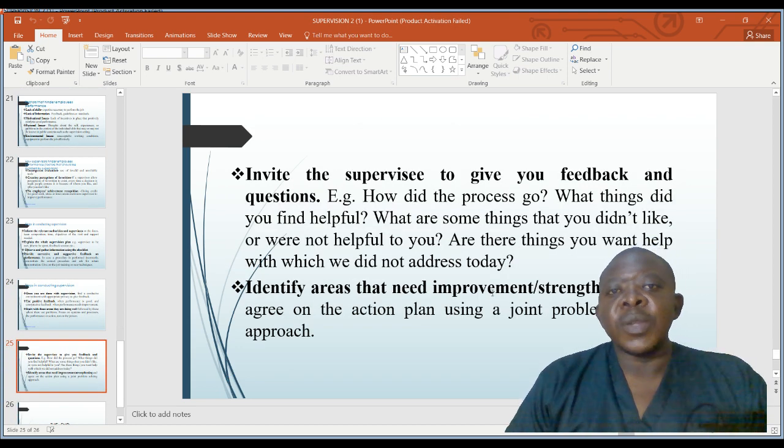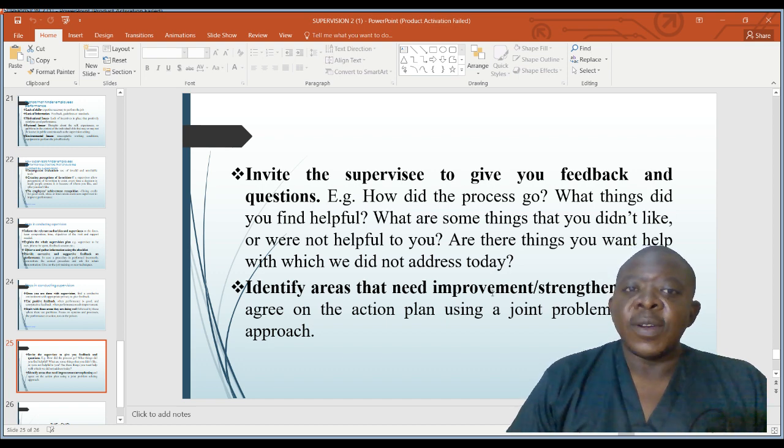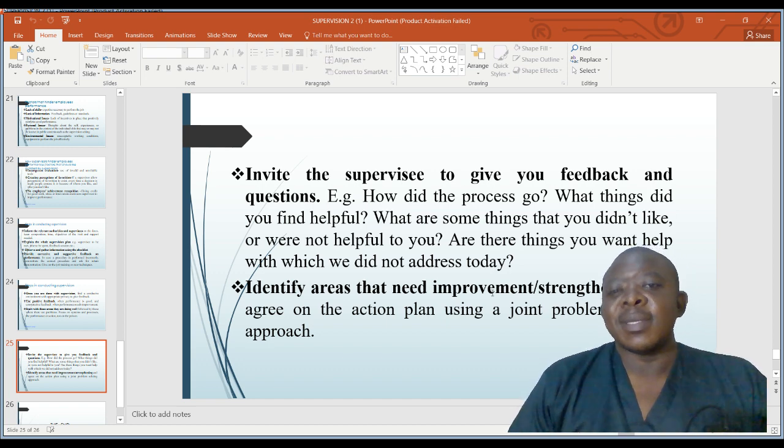You can also invite the supervisee to give you feedback and questions. For instance, how did the process go? What things did you find helpful? What are some of the things that you didn't like or were not helpful to you? Are there things you want help with which we did not address today?